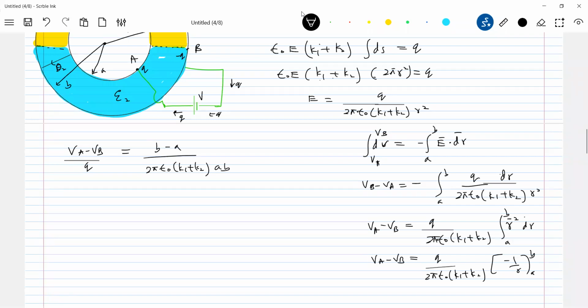So this should become 1 by C. C, A, B, you write it better. Between the points A and B, we are finding it out. So what is the capacitance given by?